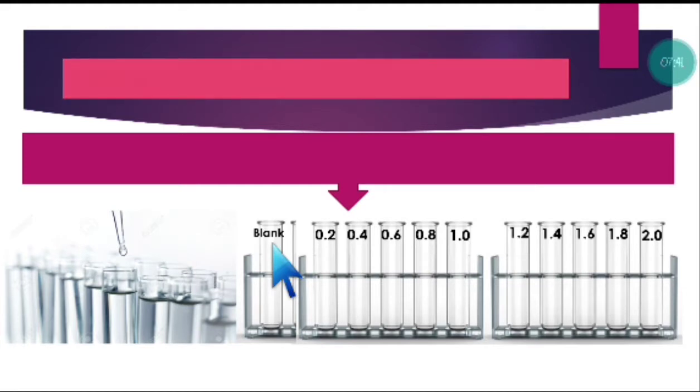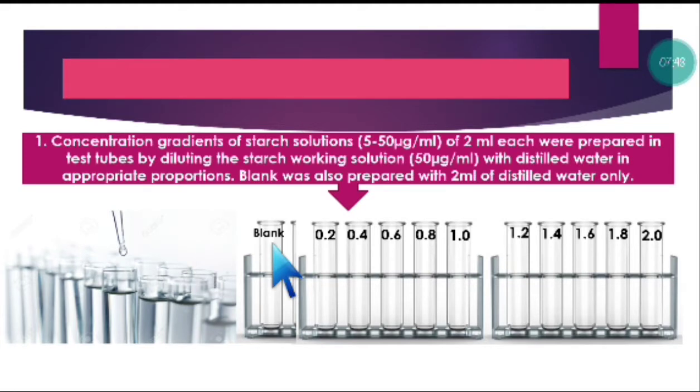So the first step is the concentration gradients of starch solution. For this experiment, we are using concentration gradients of 5 to 50 microgram per ml, 2 ml each, prepared in test tubes by diluting the starch concentration with distilled water.